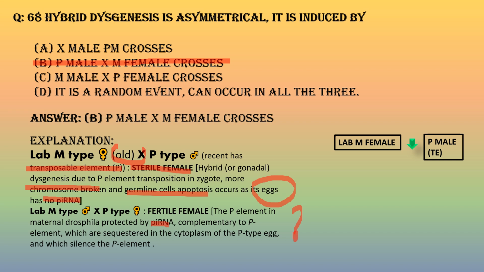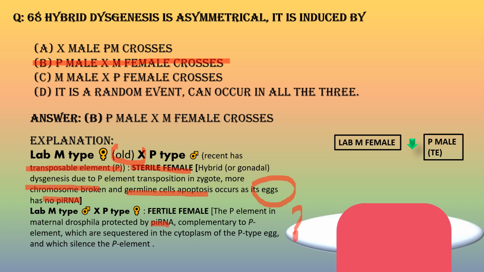It is complementary to the P element. So piRNA is complementary to the P element. So this P element in the cytoplasm is sequestered by the piRNA. So the egg is now fertile. So this is the explanation.